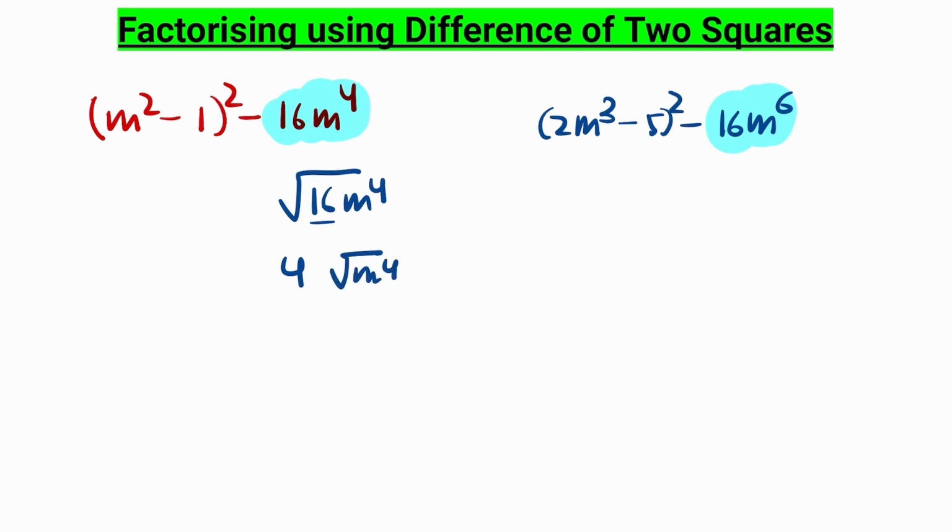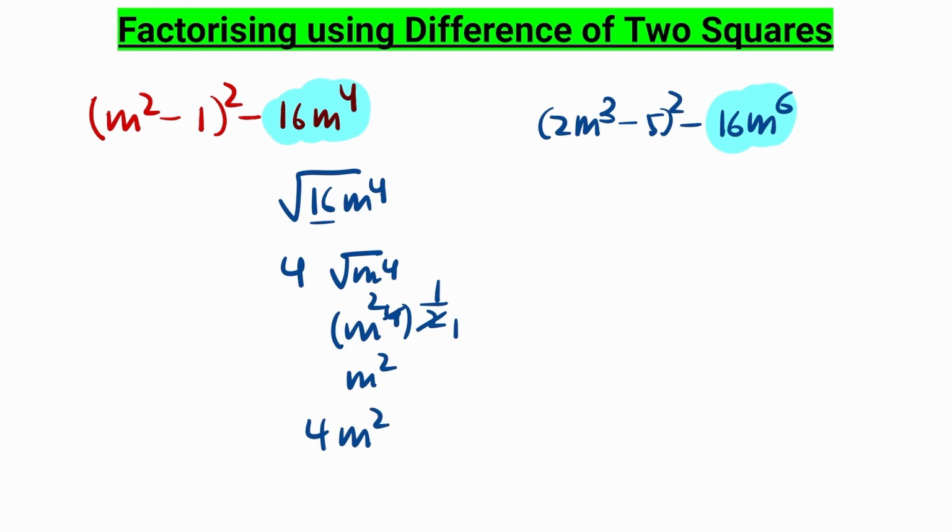Now the square root we can write as a power form. M to the power 4 to the power 1/2. And when we simplify it, we can cancel out this 2 and 4. 4 divided by 2 is 2. It is m squared. So the square root of 16m to the power 4 is 4m squared.